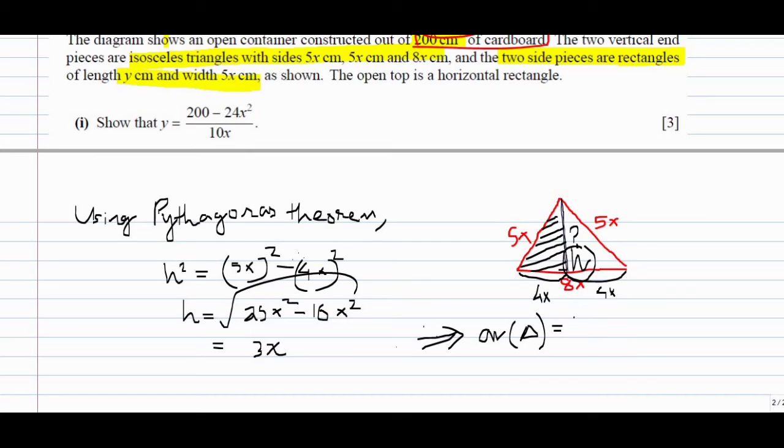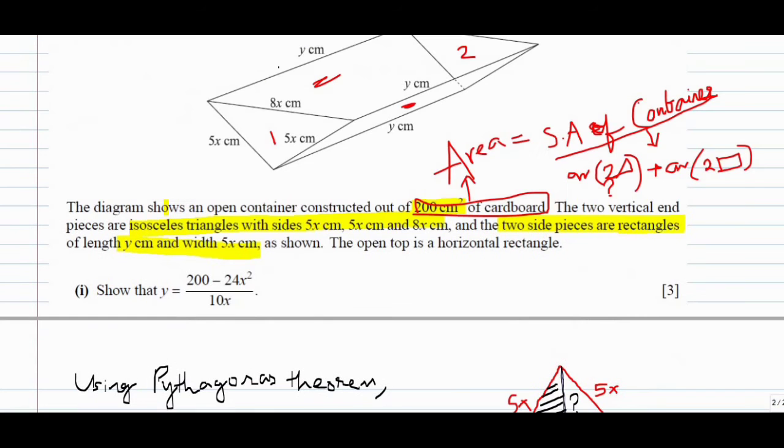Now we can find the area of isosceles triangle. Area of a triangle is half base into height. So we get half into base is 8x multiplied by height is 3x, which is equal to 12x squared. So we have two isosceles triangles with areas 12x square centimeter square each.